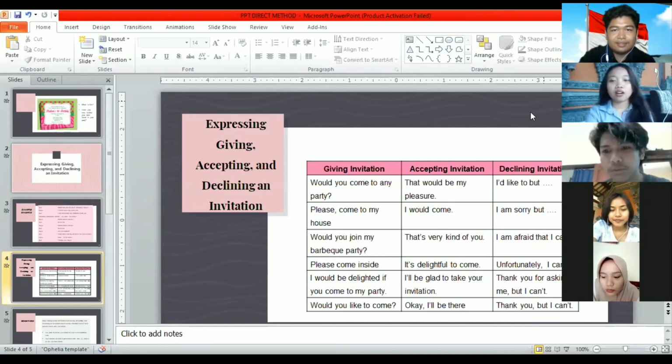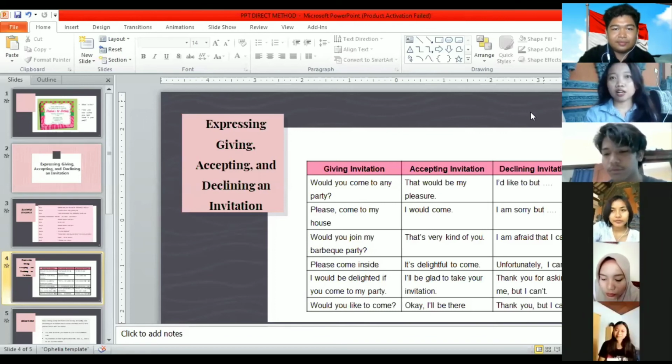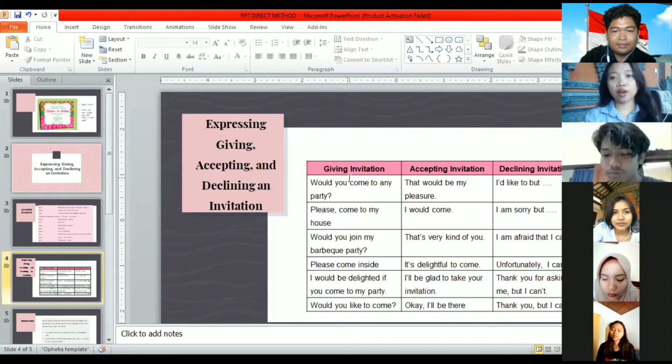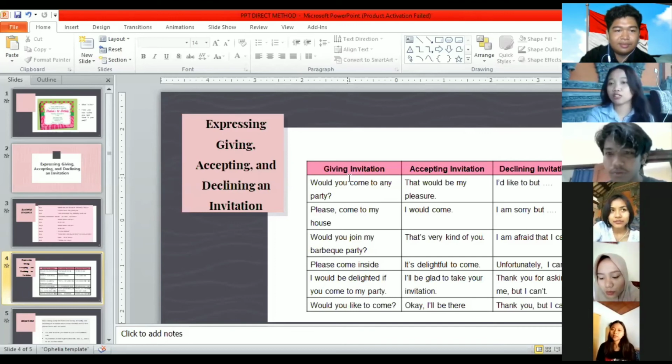Now I would like to give some comments on your dialogues. As Indah said before, the first dialogue is about accepting the invitation, and the second dialogue is about declining the invitation. When I see your dialogues, I think all of you understand this material.